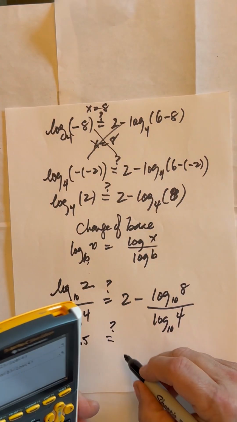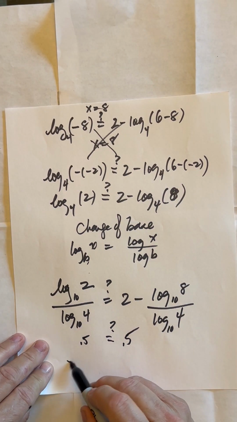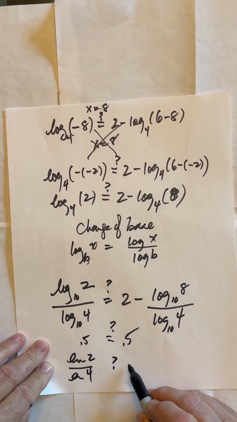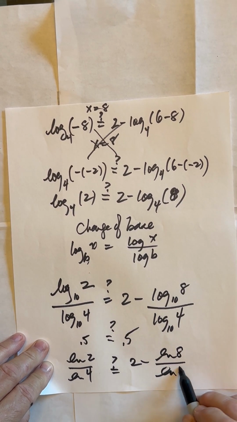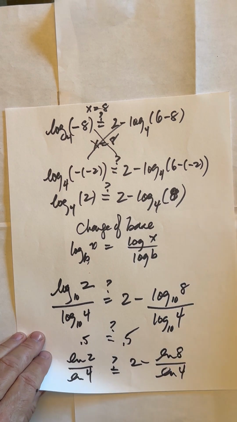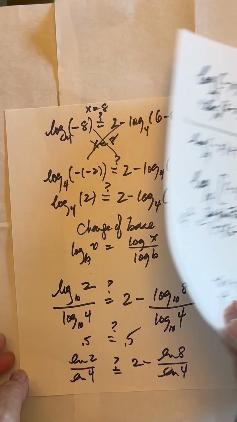Yes, so there you are. That works. You could also do ln: ln 2 over ln 4. Does that equal 2 minus ln 8 over ln 4? I'll let you do that in the calculator and see that yes, it works. Okay, so I think we're good there with this problem.